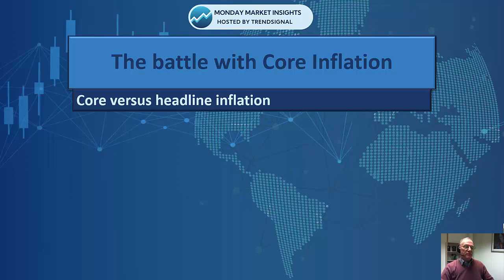And that's really the difference between headline inflation and core inflation. And needless to say, it's the core inflation that central bankers are most concerned about.